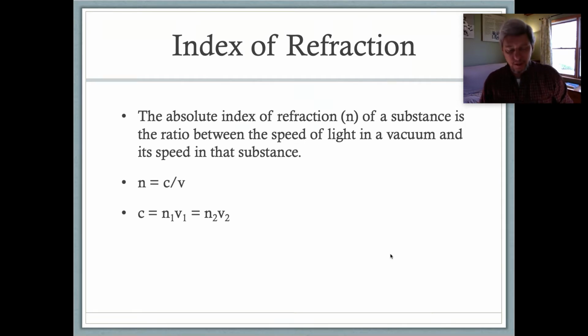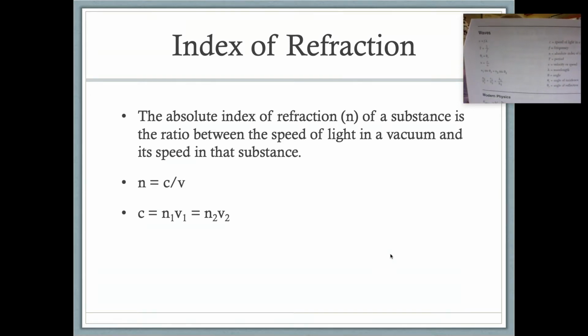Now, these two formulas, by the way, are found in various forms in the waves section, right down toward the bottom. The first one is here: absolute index of refraction is c over v, below the law of reflection.